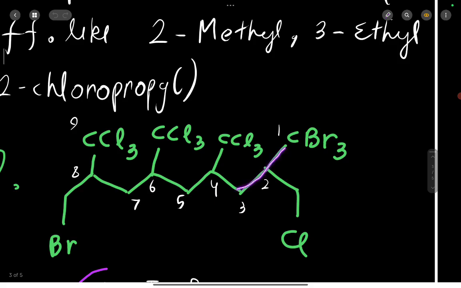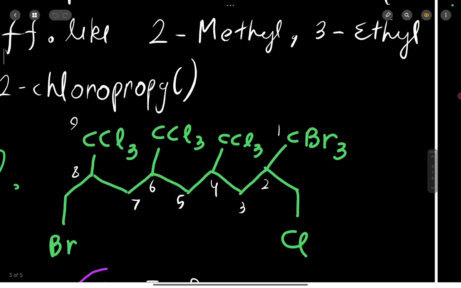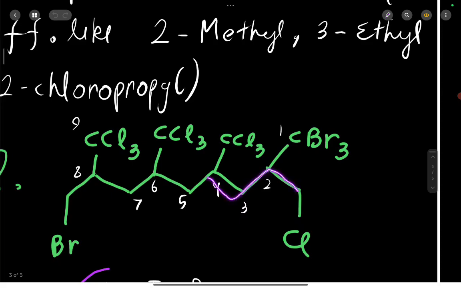See, if I pick this as the main chain, it has 1, 2, 3, 4, 5, 6, 7, 8, 9 and 10. 10 substituents. But if I pick anything else, it gives me less number of substituents. So this has to be the best carbon parent chain to pick.